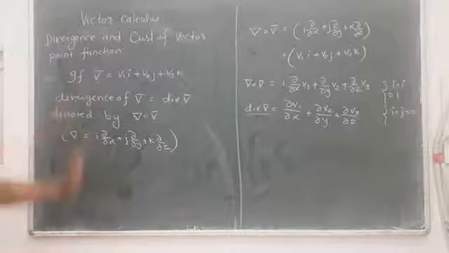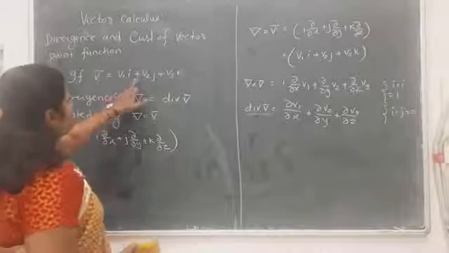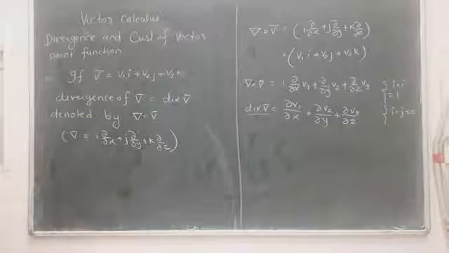And now we come to the curl of a vector point function. Again the vector should be the same vector, that is v bar equals v1 i plus v2 j plus v3 k, then we see how to find the curl of that vector.